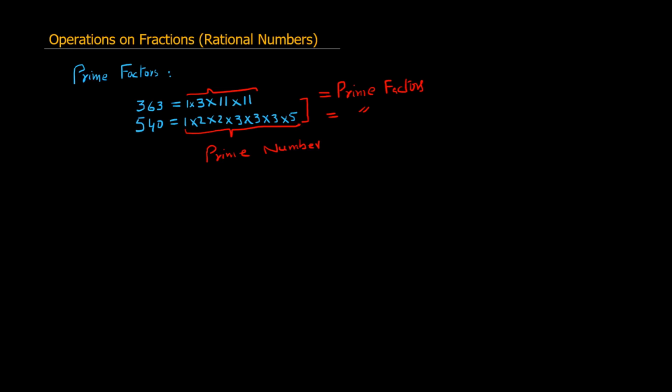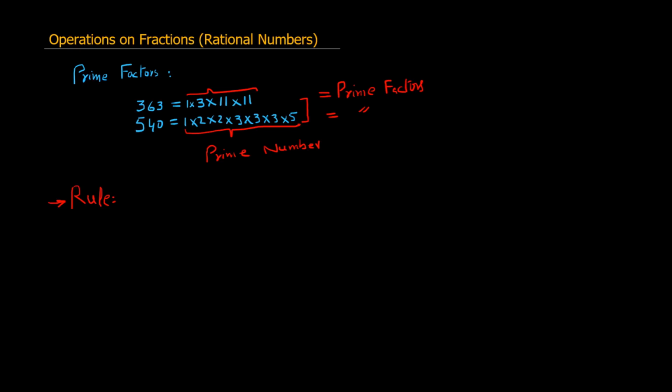And as I mentioned earlier, these smallest possible factors are very important for us because these are the prime numbers. They cannot be factorized further.